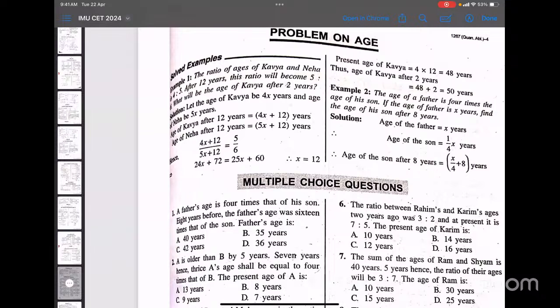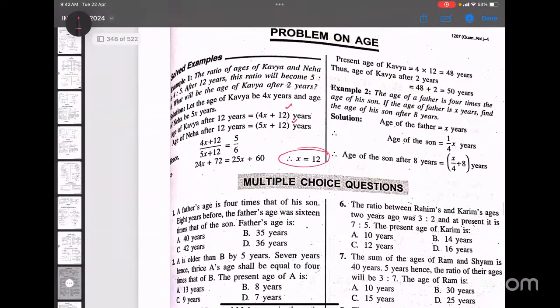Right? After 12 years, this ratio will become 5:6. After 12 years, what will be the new age? If at present I have 4x and 5x, after 12 years it will be 4x plus 12 and 5x plus 12. Am I right? Yes. And according to the question, the ratio of these ages becomes 5:6. If you take the ratio as 5:6 and simplify, x will be 12.